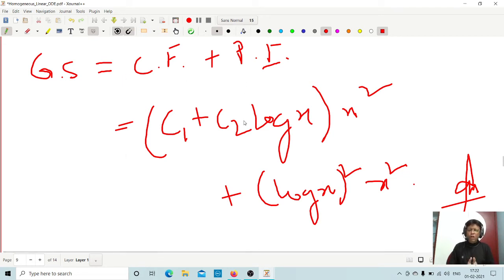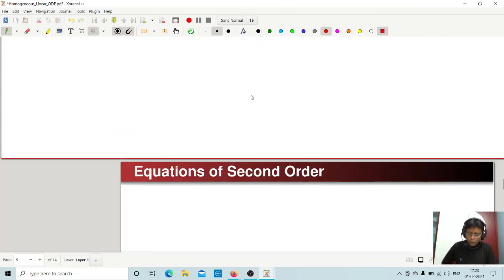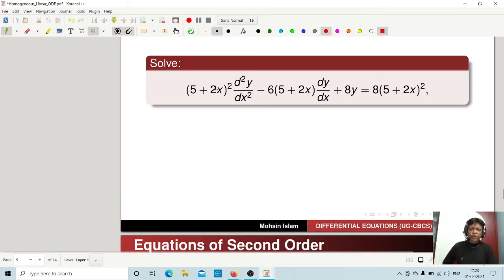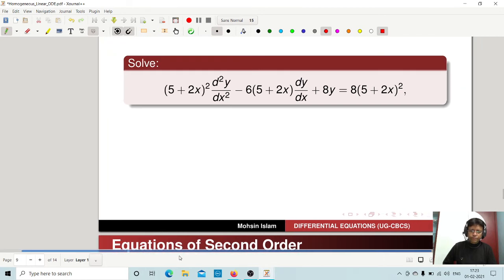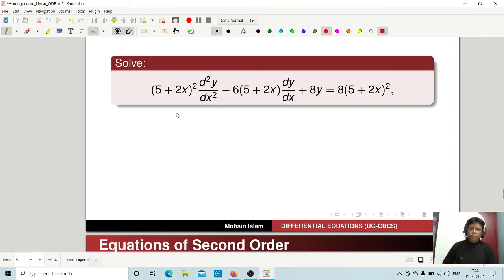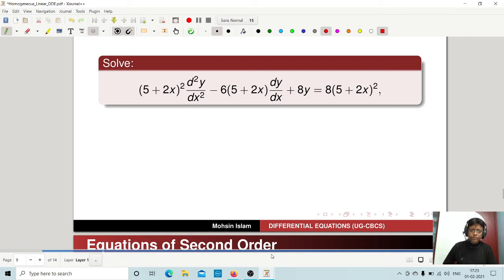This is how you have to deal with the problems of homogeneous linear. Next we have another problem. Let me share with you. (5 plus 2x) whole squared d2y/dx2 minus 6(5 plus 2x) dy/dx plus 8y equals 8 into (5 plus 2x) whole squared.